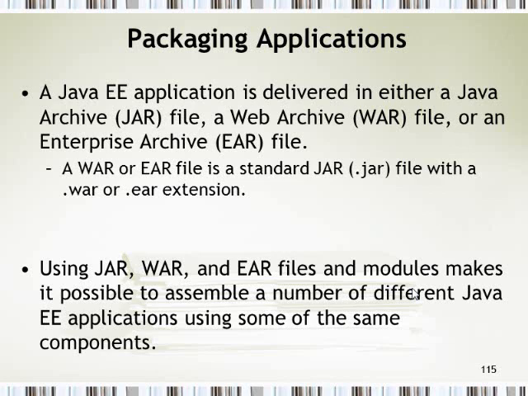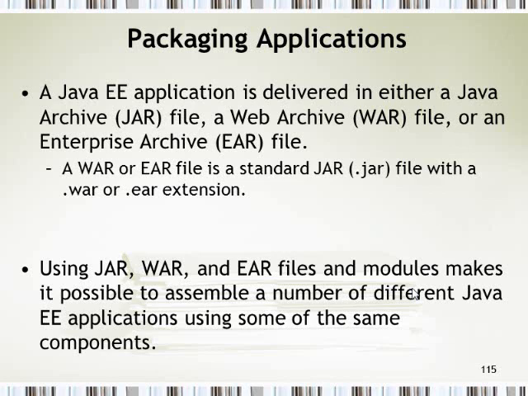So the application is delivered usually in the form of a jar file, or it could be a WAR file. WAR is nothing but a web archival, or it could be an EAR file, which is enterprise archive. So WAR and EAR are the standard ones. Now these WAR and EAR files are actually Java jar packages themselves, but with some extra things in them, and their extensions are obviously not the same.